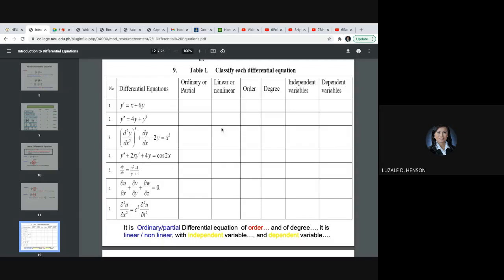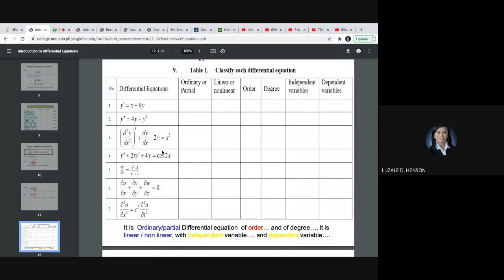Going back to linear or nonlinear, the number 1, this is linear, class, no? Because it satisfies condition 1 and condition 2, right? This is also linear. Number 3, is this linear? How about number 3?